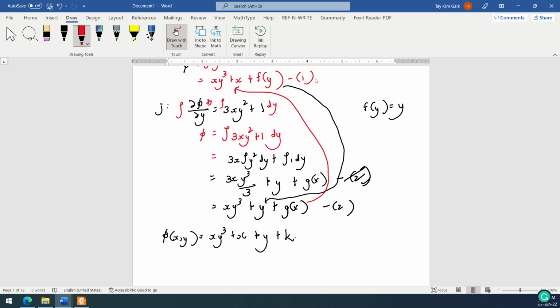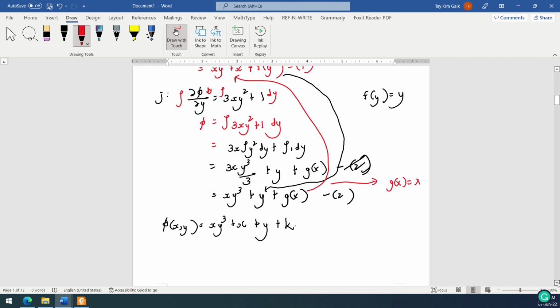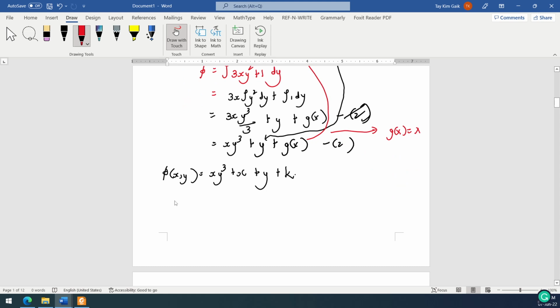Either you start with equation 1 and take the function of y from the second equation, so you get y, or you start from equation 2 and g of x refers to x, so xy cubed plus y plus x. Or another way: start from equation 1, take out all the terms, add the new term from equation 2, then plus k. If you don't add k it also doesn't matter, because later it will be cancelled out.